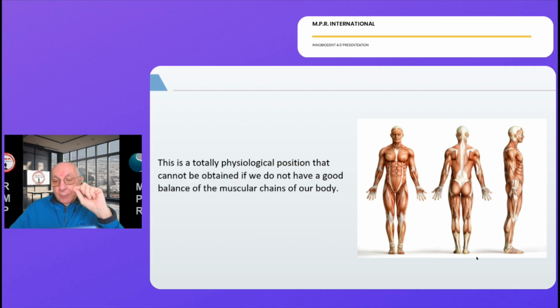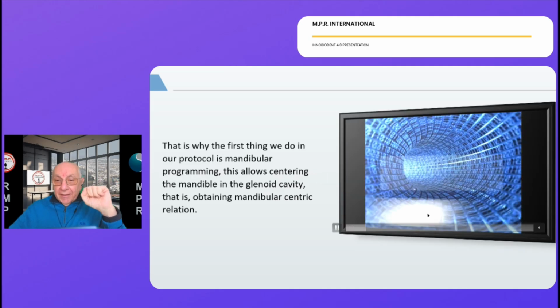Only when the body is in a state of global muscular balance can the mandible naturally assume its true postural neuromuscular position. That is why the first essential step in our clinical protocol is mandibular deprogramming.